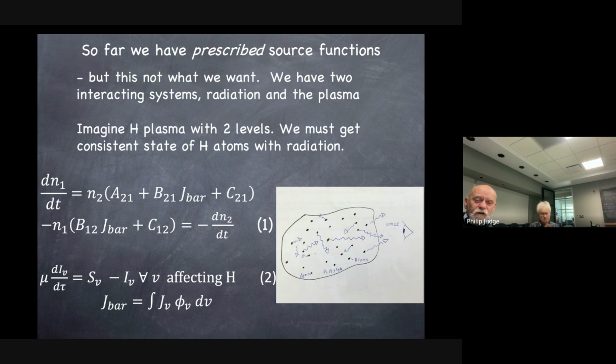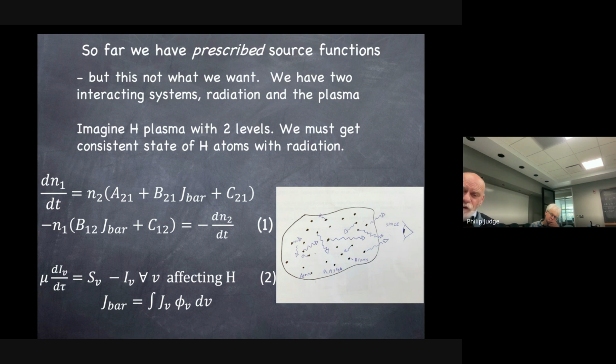But we do know that given a source function, we can solve for J bar, because J bar is nothing other than an angle and frequency average of the intensity in that transfer equation with its boundary conditions.